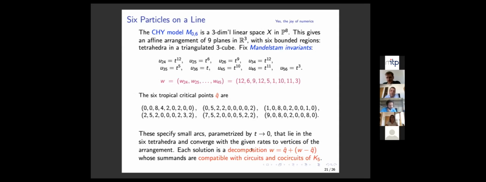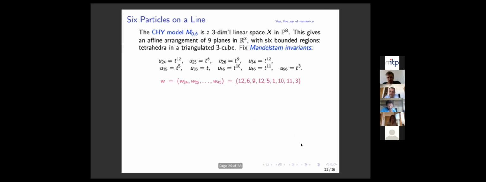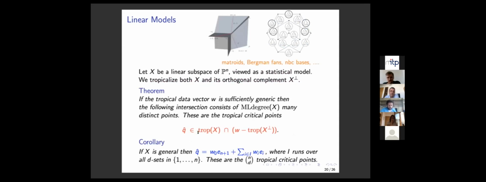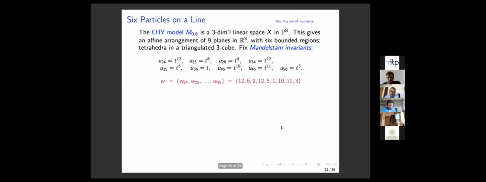And according to the previous theorem, each solution is a decomposition. I take the data vector and I decompose it as q hat, the tropical solution, and a dual solution, W minus q hat, whose supports are compatible with circuits and co-circuits of K5. So this gives a decomposition. This is compatibility with circuits in the complete graph. This is compatibility with co-circuits.